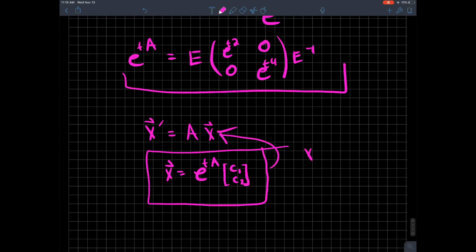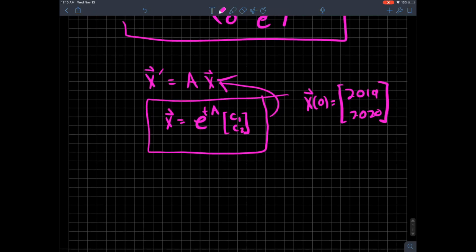Now, if you had initial conditions, say you plug in 0 and then, I don't know, 2019 and 2020, if we want to solve that, we want to plug in 0 to this. What do we get? e to the 0 times A times this constant vector. It's just e to the 0 matrix times C, and what you're going to get is the identity.